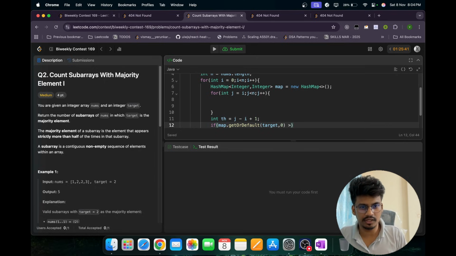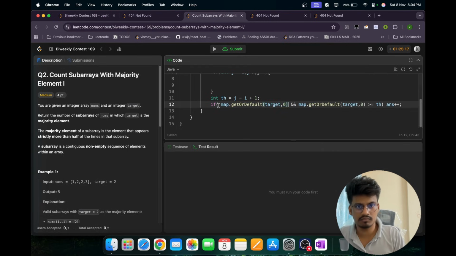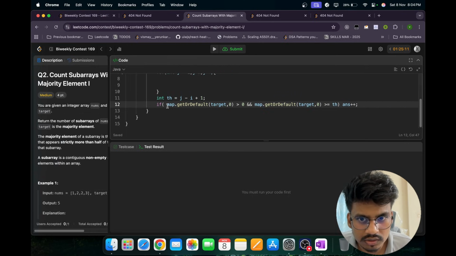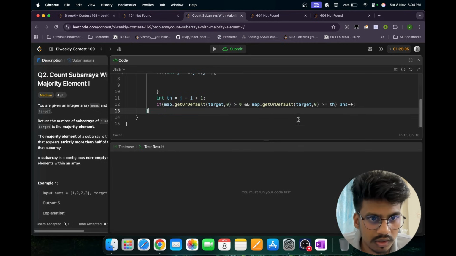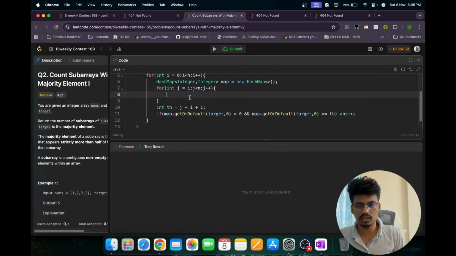Okay, if this is greater than or equal to what, threshold, then answer plus plus, and I'll also check if this is present or not. This is greater than 0. I don't think we will ever need this case, but okay, let's keep it as it is. Okay, and then what I'll do is I'll just keep the track in the map.